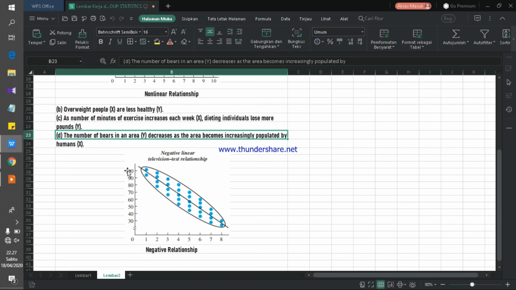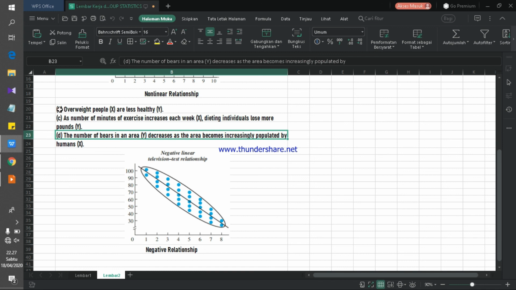But when the bears decrease into 20, the human population in that area increases from one person only into 8 people inhabiting the area. So we call this a negative relationship because the value of Y is decreasing, meanwhile the value of X is increasing.